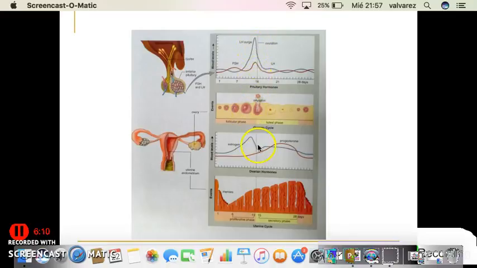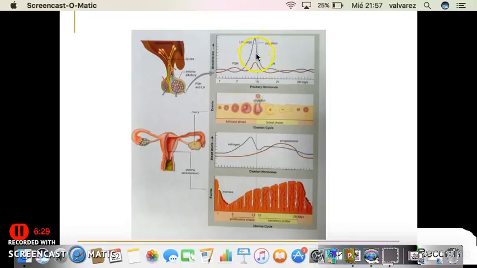At around day 14, LH hormone has already peaked, reached its highest possible level in blood, and at this very same time, the ovum has been released.